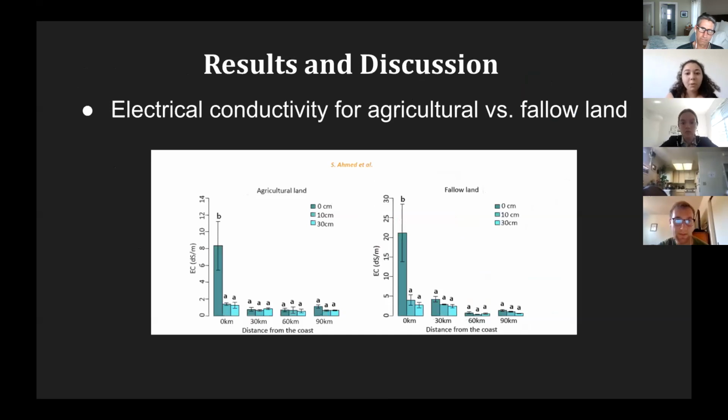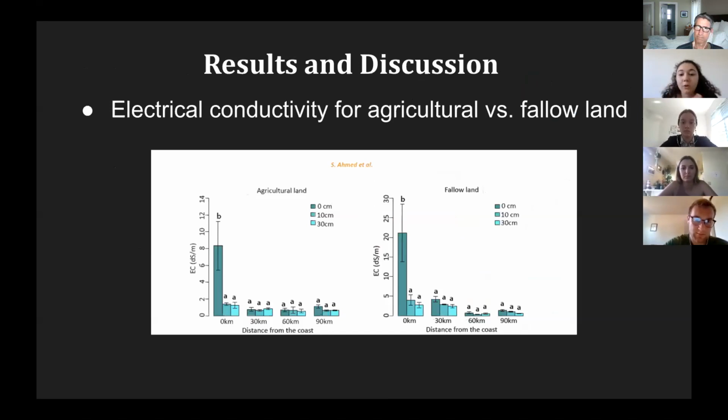So now I'll be moving on to my results and discussion. This shows the overall electrical conductivity for the agricultural versus the fallow land. And so there was a bunch of differences along the distance gradient.